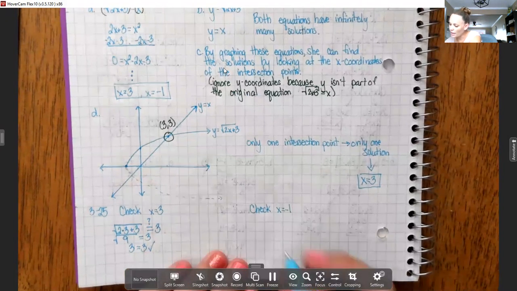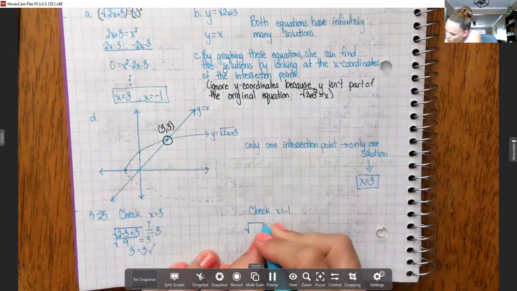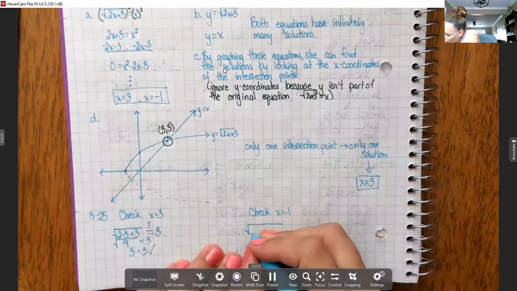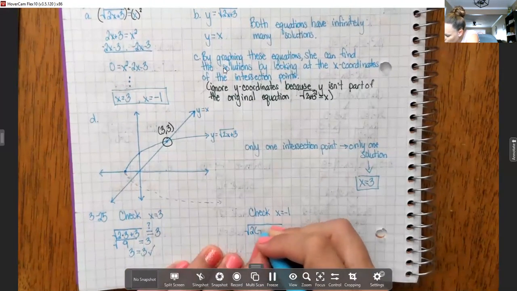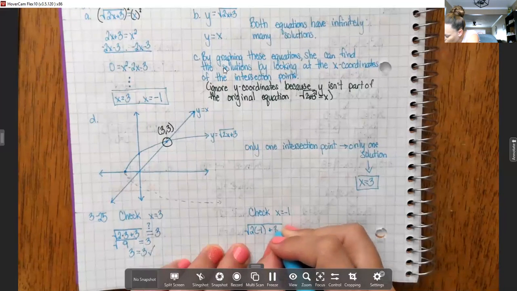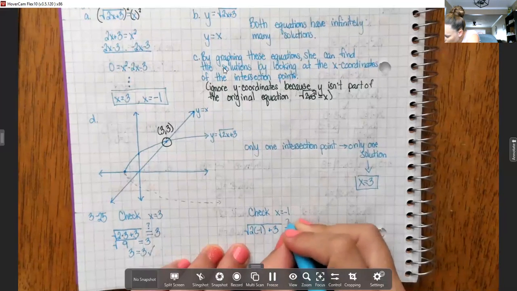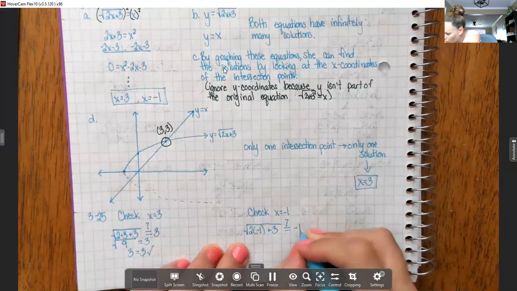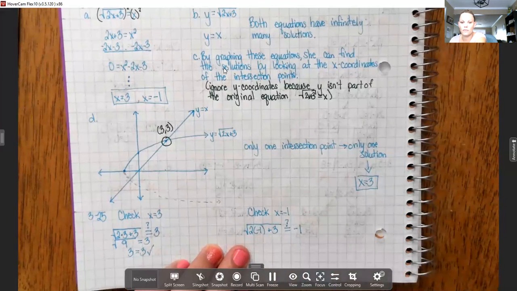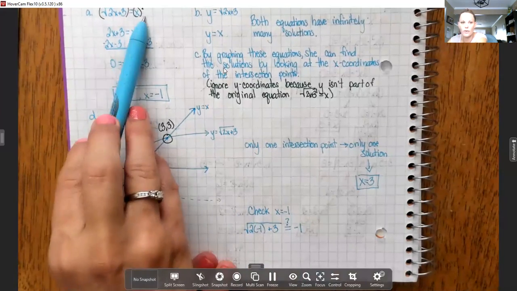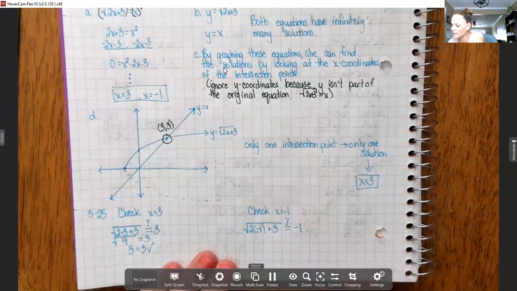But then when we check -1, we get the square root of 2 times -1 plus 3. Does that equal -1? So again, just plug in -1 for both spots for x.